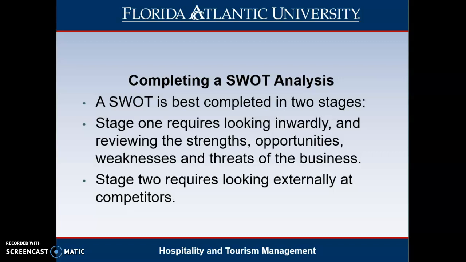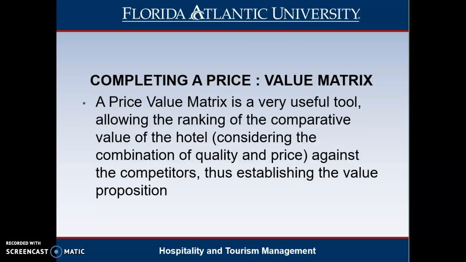Looking inwardly, strengths, like we said, and then looking externally. And it's perfectly fine for you to realize, look, when I was in industry, there were some things that I knew we did very well as an organization, depending on the organization I was working for at the time. But there were some things that our competitors did that, quite frankly, were better. It's okay to admit that.